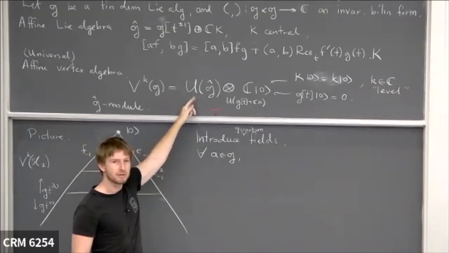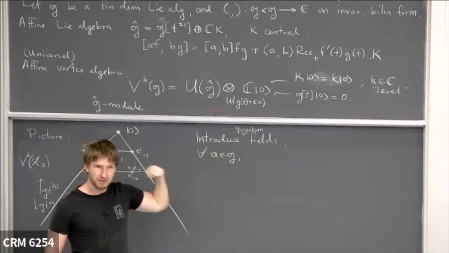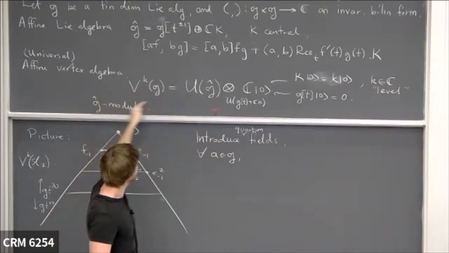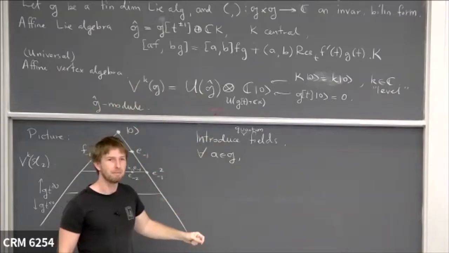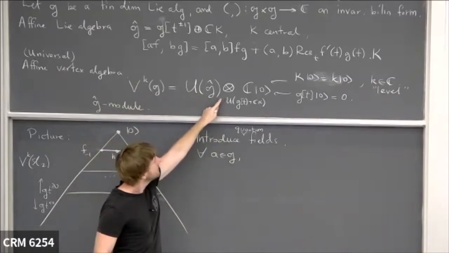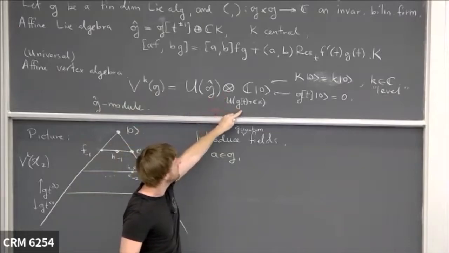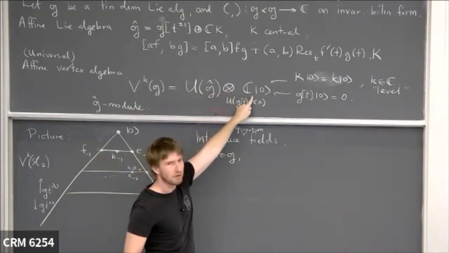All of those elements in the Lie algebra can be embedded into U of G, because G embeds into U of G. So you'd think of them as elements here, and the action is left multiplication. I see. And your tensor says that if they're A times T to some positive power, then when you move them to the right, they're able to move across the tensor product symbol to the other side.